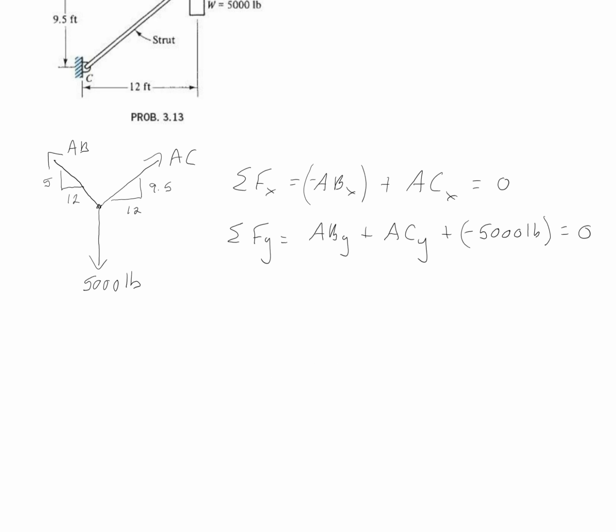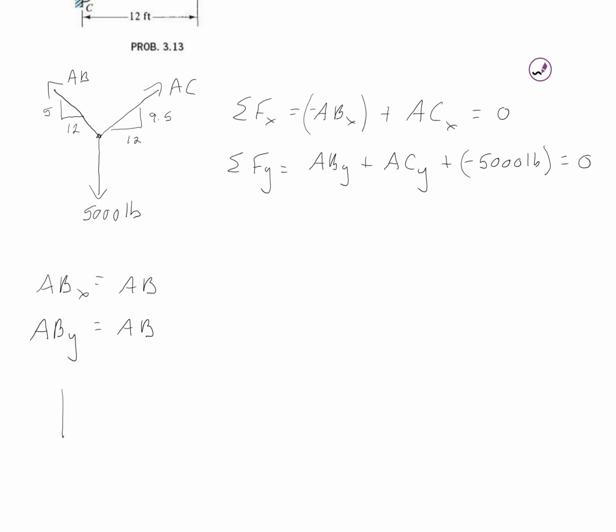Now what I'm going to do is find the components that I just have there, the AB and the AC. So I have ABX, ABY. Always the magnitude. And now since I'm given the slope, I'm going to find the components using the slope. So I have a 5, 12 triangle.